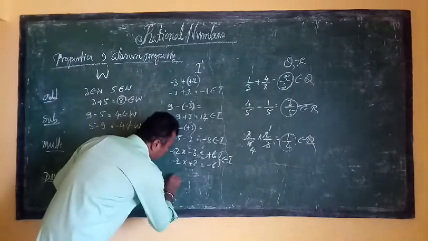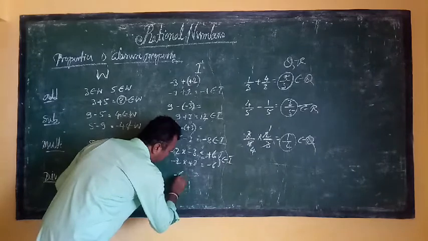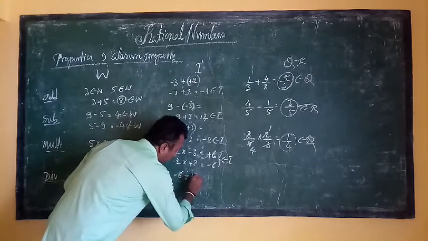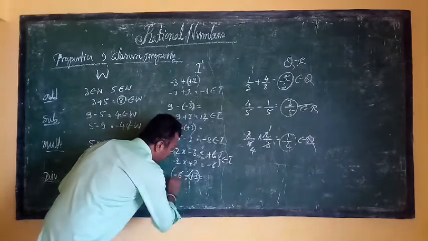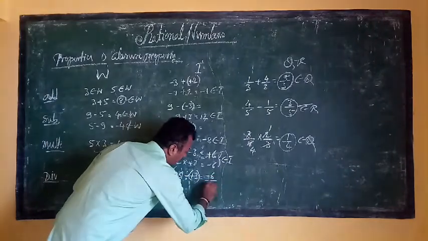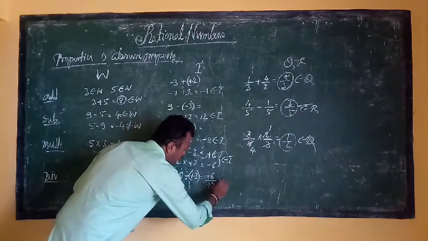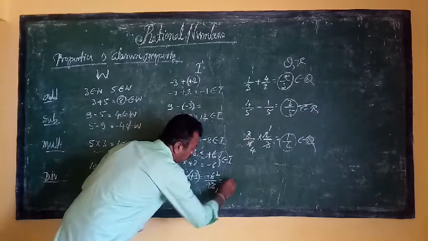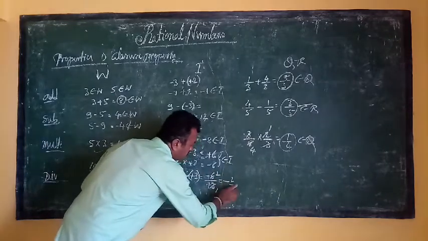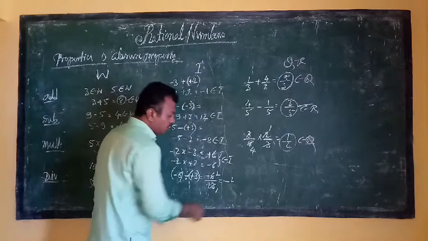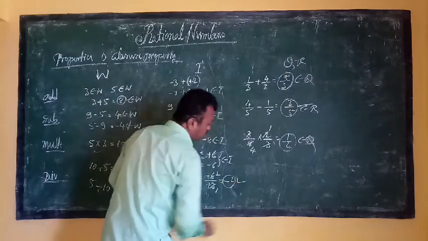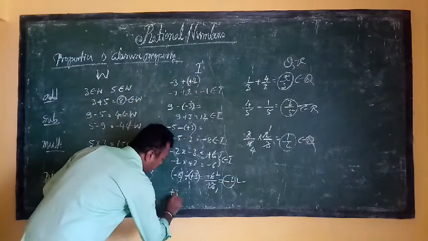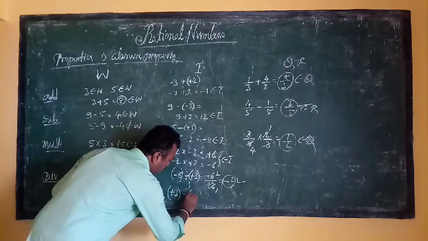Integers we take. So -6 divided by +3, see students. Minus divided by plus becomes minus. 3 ones are 3, 3 twos are 6. So 2 by 1, which is 2. So therefore -2 is an integer. But see students, +3 divided by -6.